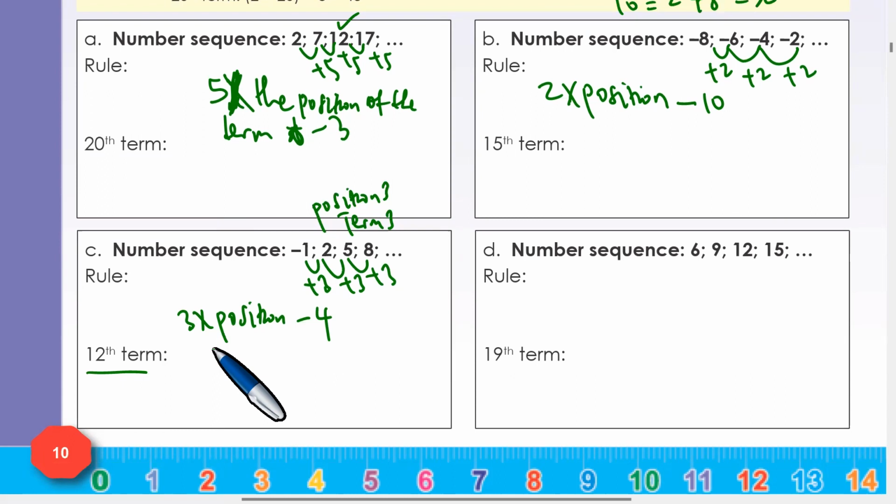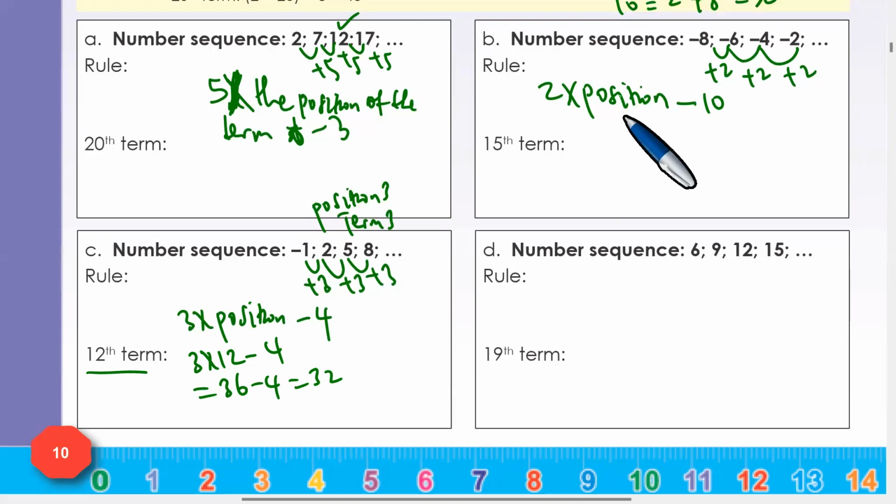So it's 3 times 12 minus 4. What is 3 times 12? Is it 20? 32? 32, well done.